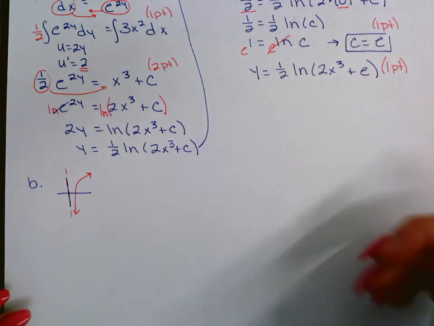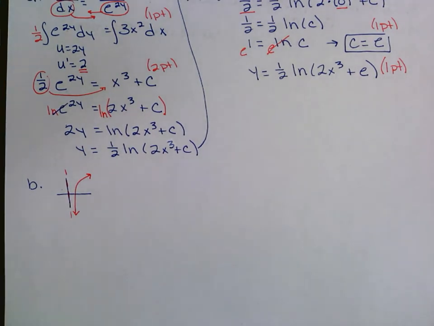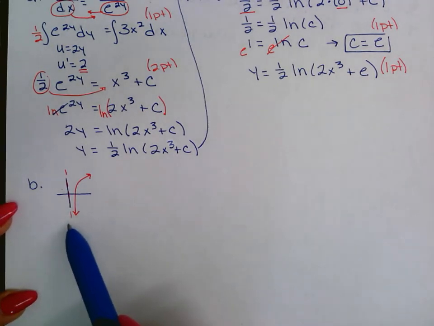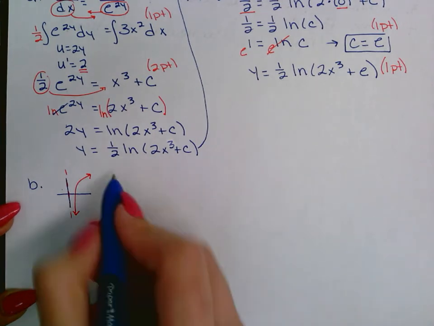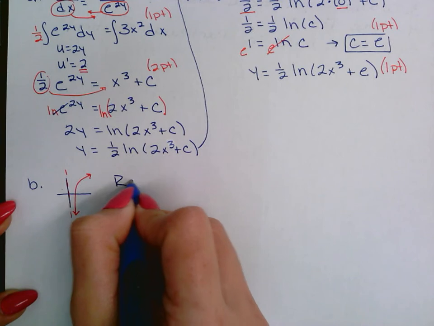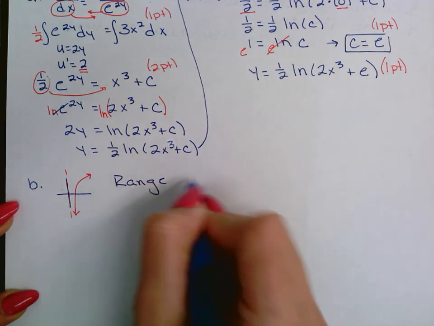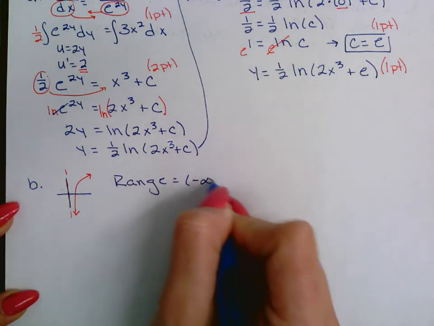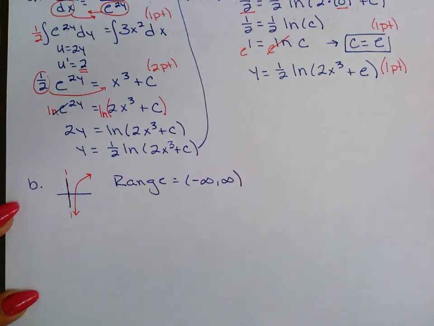Remember how when we had ln's, we would put the absolute value because it had to be positive? So let's do one thing at a time. The easiest one to see is range. This is only going to move side to side. What will my range continue being? Exactly. All real numbers. Negative infinity to positive infinity.